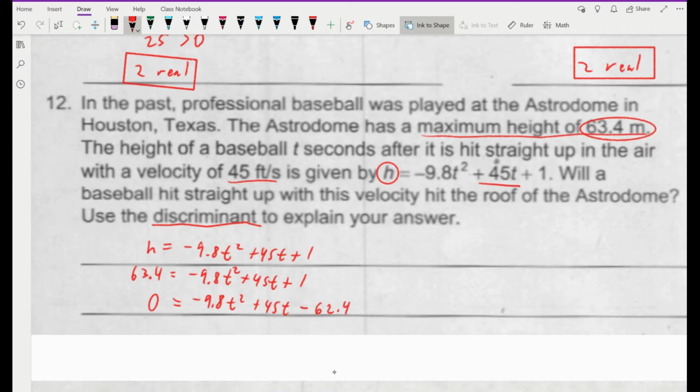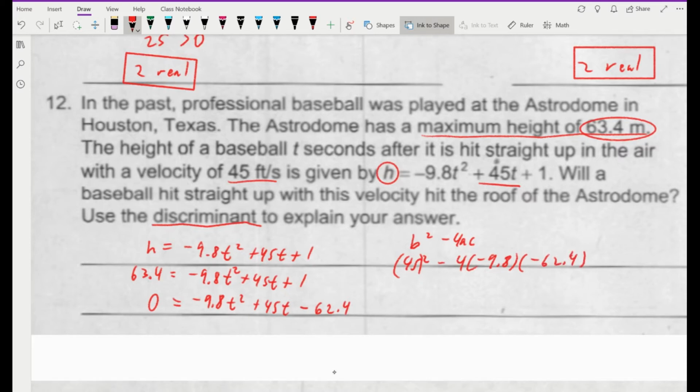Now we will use the discriminant to see if a solution is even possible using b squared minus 4ac. We're not going to find the time it takes to hit the roof. We're just going to see if an answer is even achievable. So we have 45 squared minus 4 times minus 9.8 times c, which is negative 62.4.